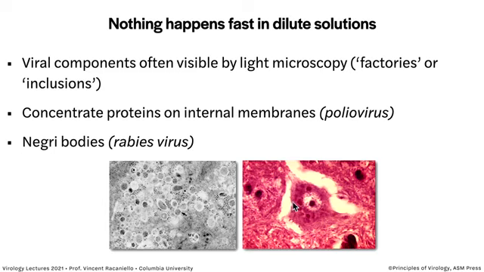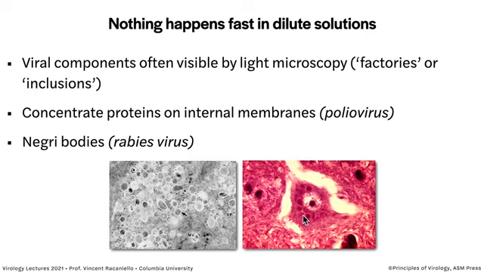Another example is shown here on the right. This is a neuron infected with rabies virus, and it has in it what are called Negri bodies. Negri was an Italian pathologist. A lot of Italians were microscopists, and they had things named after them. Golgi was another one.